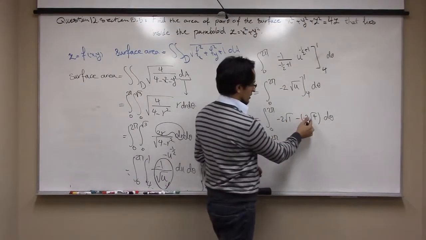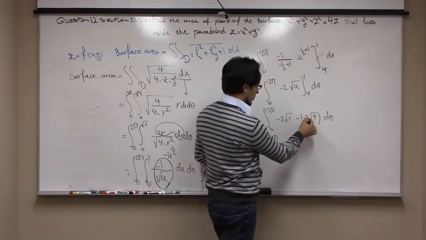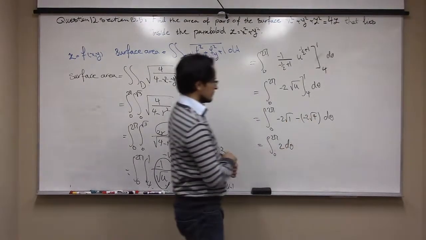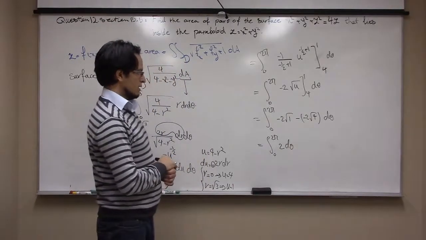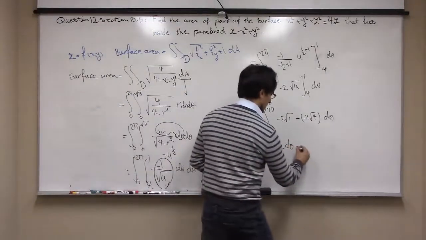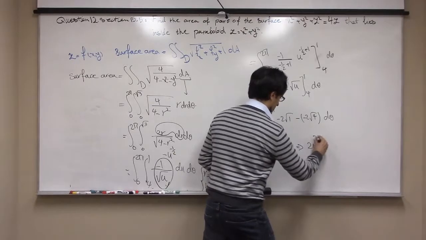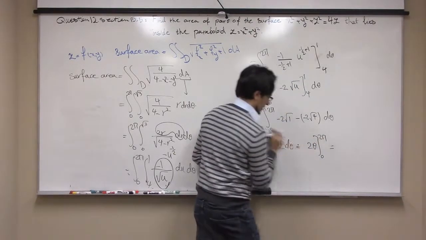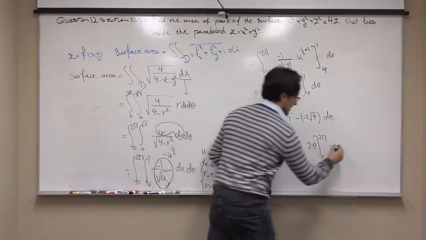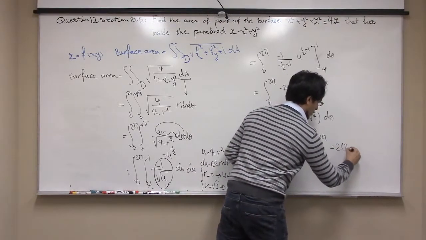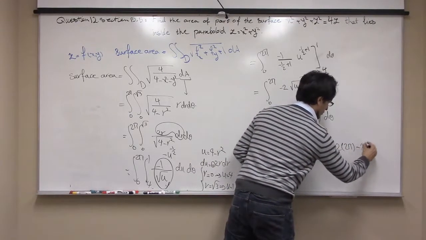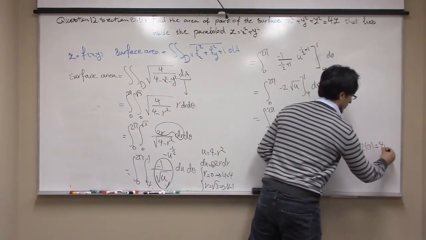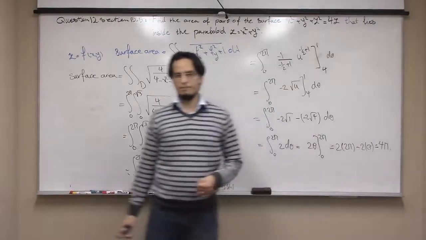Negative 2, this is a 4. Negative 2 plus 4, this is 2 d theta. Yes, 2 d theta, integrate is 2 theta, 0 to 2 pi. And then you get 2 times 2 pi minus 2 times 0, which gives me 4 pi.